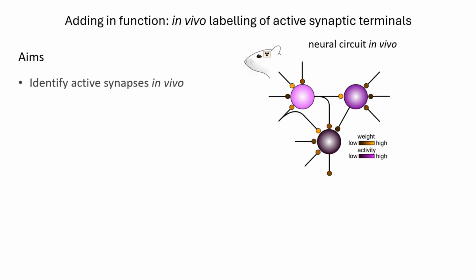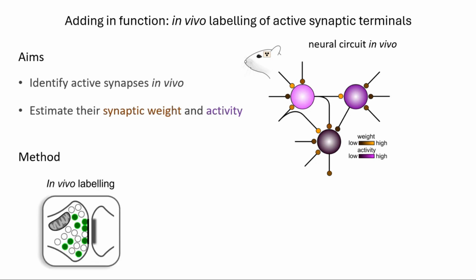So in order to identify these active synapses in vivo and estimate their synaptic weight and activity, we use a specific fluorescent dye for in vivo synapse labeling. This dye incorporates into the recycling presynaptic vesicles and lights up as green.